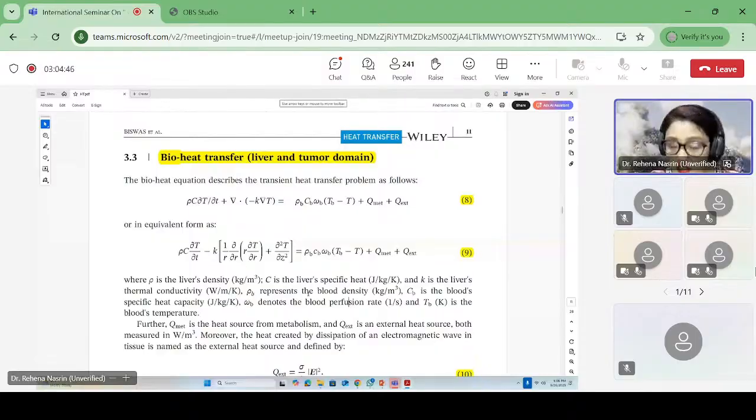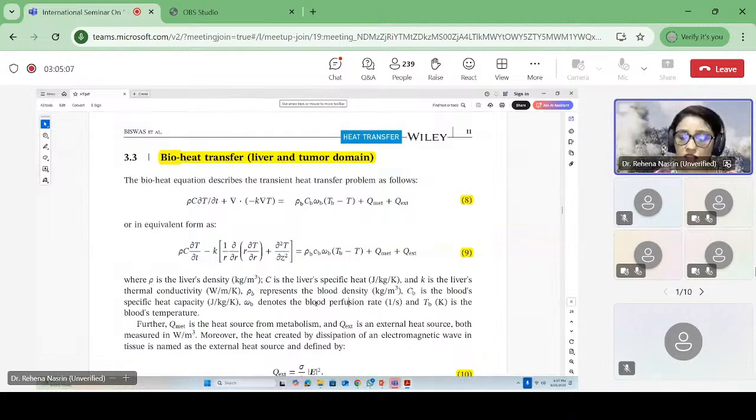So we have considered two things. One is ablating the tumor tissue, and another is saving the normal tissue. So what is the electromagnetic field frequency, what is the electric power amount, and what is the time? It is very important.